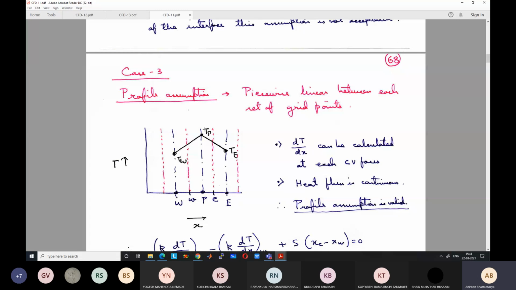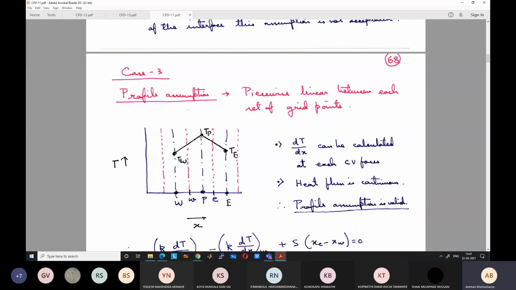We are assuming some variation so that we can find the derivatives at the interfaces, and with this we will discretize the equation and solve the problem, but the solution will be discrete values TW, TP, and TE. The correct solution should not change, whatever interpolation you take, whether a linear function or a quadratic function. If the profile assumption is correct, your solution should be correct.